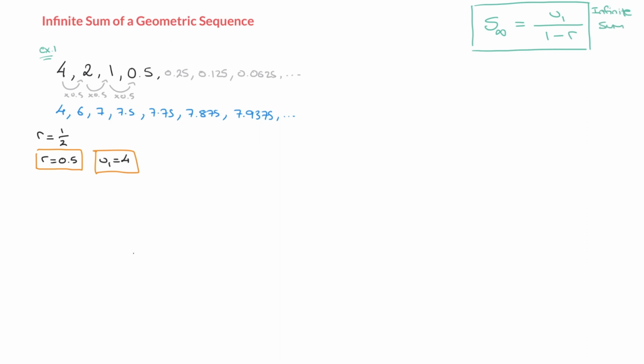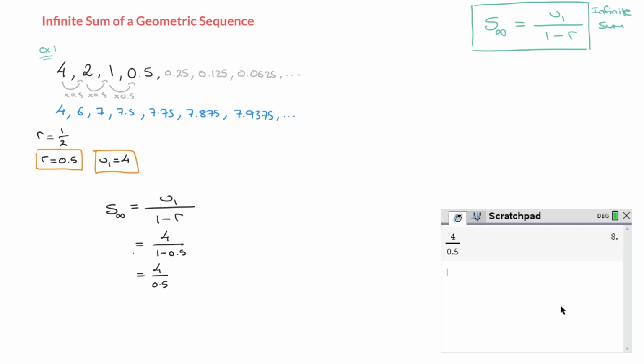Now going back to our example here, if we use the formula we just wrote, we could state that its infinite sum, S sub infinity, is equal to the first term, u1, over 1 minus r. That will equal 4 over 1 minus 0.5, which turns into 4 over 0.5.